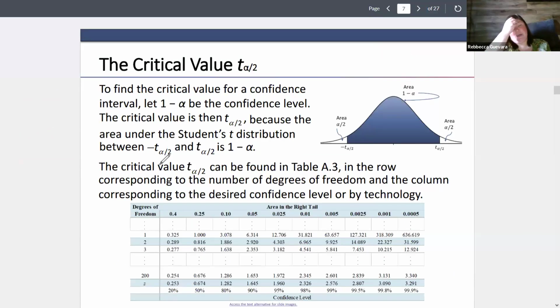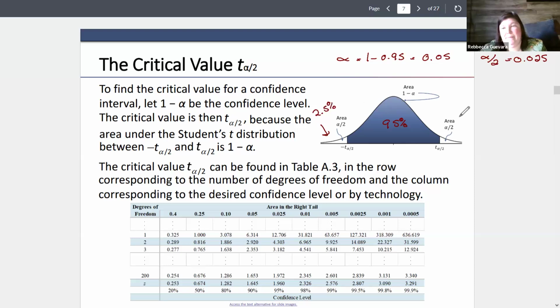So once again, when we talk about critical values, the same rules are going to apply. If this is a 95% level of confidence, that means alpha is 1 minus 0.95, so alpha works exactly the same, meaning we have 5% left over. If we divide alpha in half, instead of 5%, we have 2.5% in each tail.